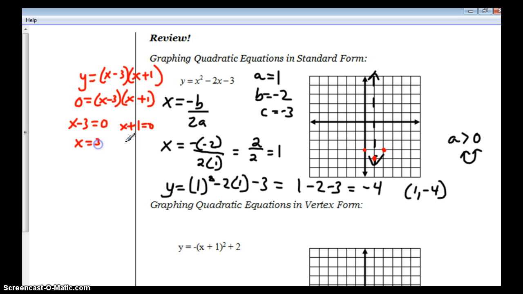So we have x equals 3 and x equals -1. So those are 2 more points we find the y values at. When y is 0, we have (3, 0) and (-1, 0). So if we plot that, that gives us a nice parabola.